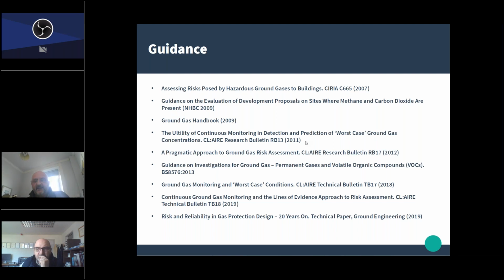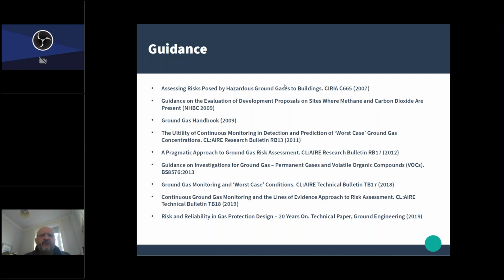There's been a great deal of guidance over the last few years. Well, say last few years. It's the last 30 or 40 years since the Loscoe event, and new guidance continues to be produced. I'm not going to go through this list of stuff, but folk will probably be aware of at least some of these. I suppose the main underpinning guidance at the minute is CIRIA C665 from 2007.